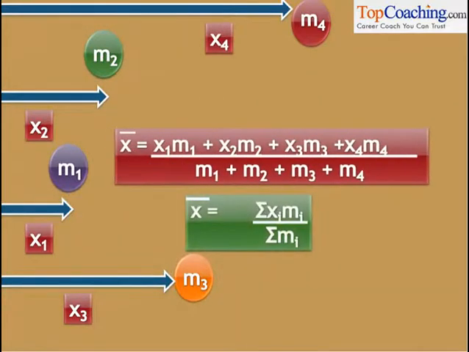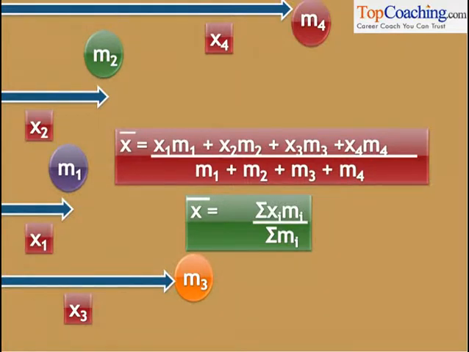In this case, the center of mass is basically given by this expression: m1 x1 plus m2 x2 plus m3 x3 plus m4 x4 divided by m1 plus m2 plus m3 plus m4. So again, you take the weighted average of the x coordinate of each particle, understood, and that gives you the x coordinate of the center of mass of the particles.